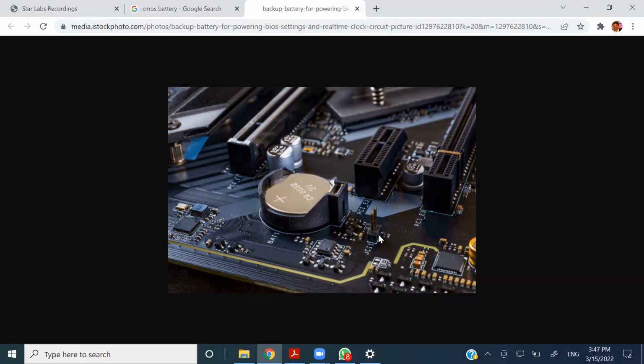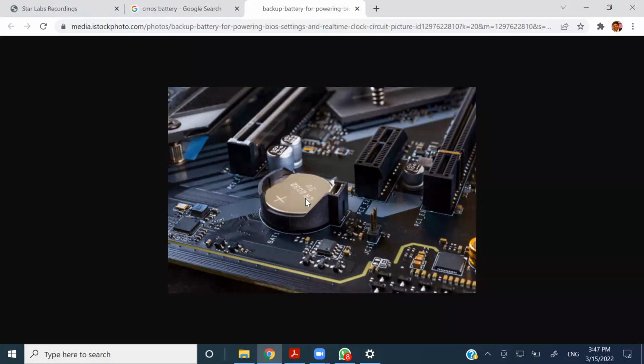So even though we switched off the computer, this battery has enough power to power up the ROMs. They won't forget or erase the things stored in those ROMs, because this battery is providing a continuous power supply to them.